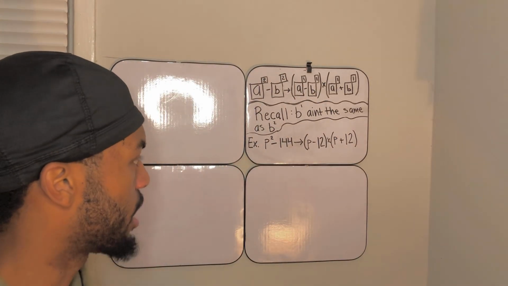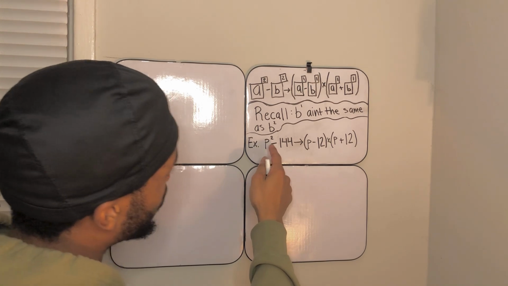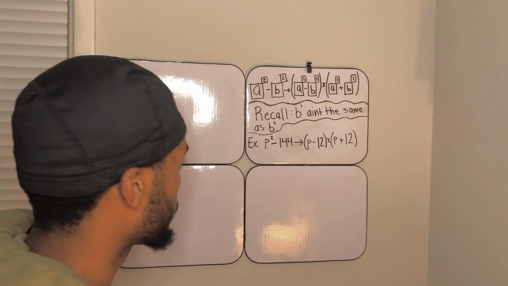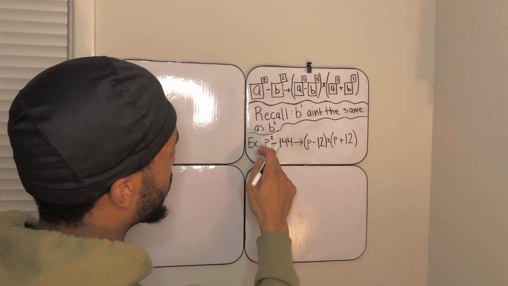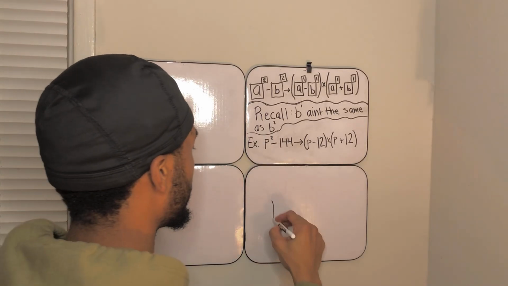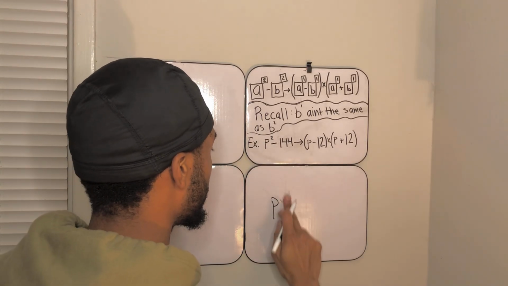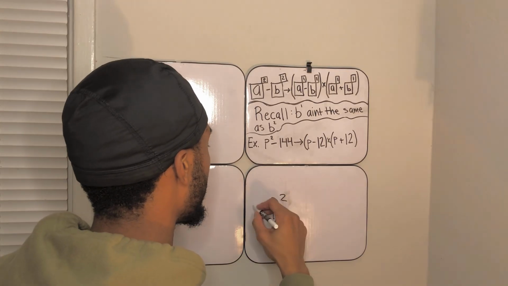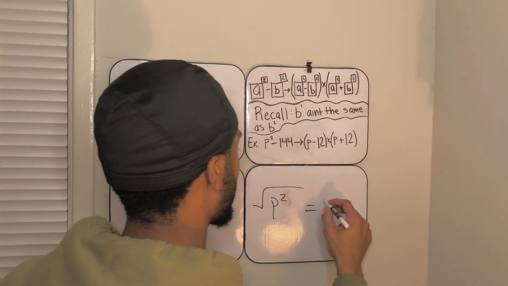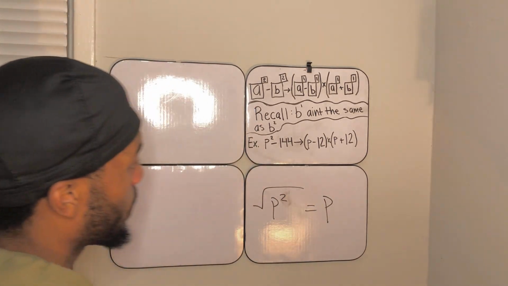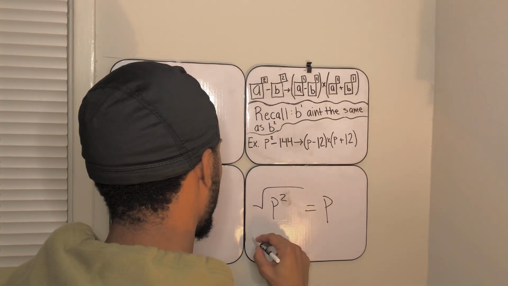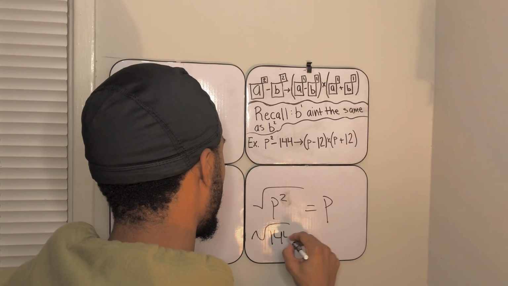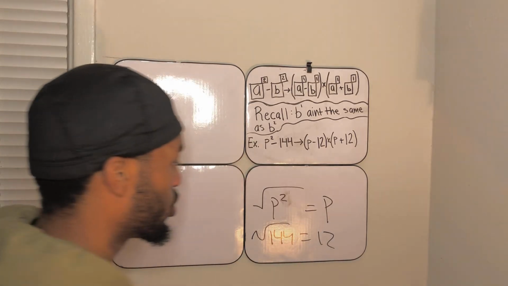And this is just a quick example. Let's say we had p squared minus 144. Going by this formula, the square root of p squared is just regular p, and the square root of 144 is 12.